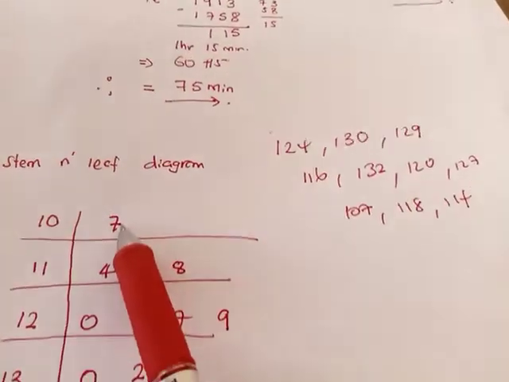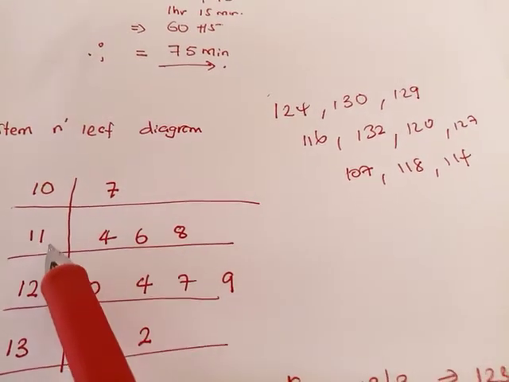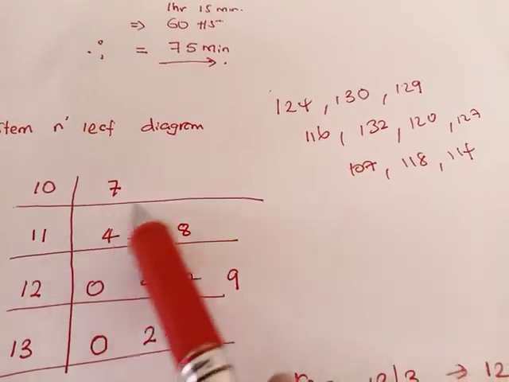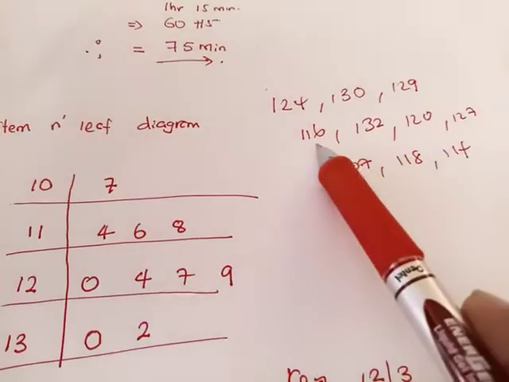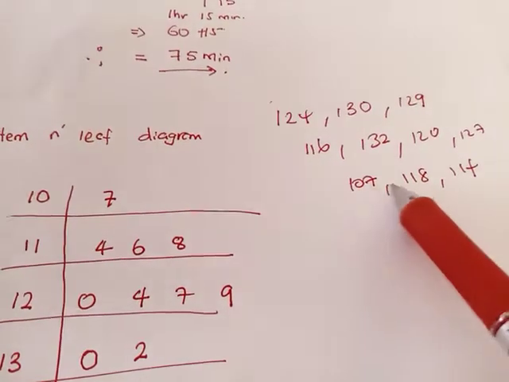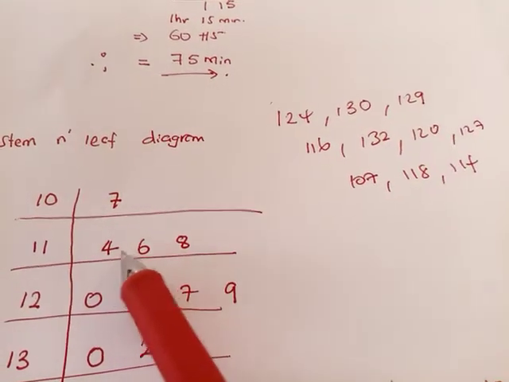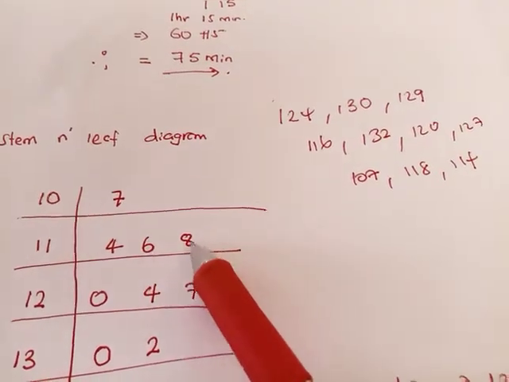So we write 7 there on that leaf. Then we get into the numbers from 110 to 119. So we start with 114, and it goes to 116, and then 118. So it will be 4, 6, 8 there.